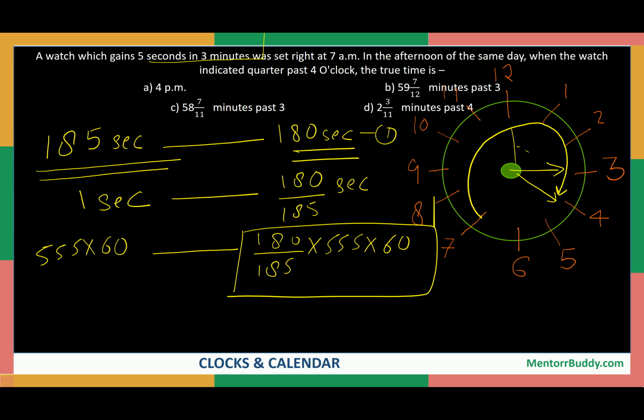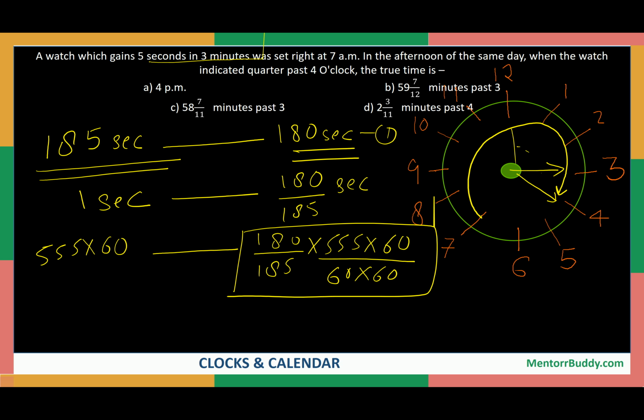This timing is in seconds, the total seconds. If we talk in terms of hours, how much will the true clock move? If we need to convert it from seconds to hours, we need to divide it by 60 into 60. So this will be the total number of hours which the original clock will move. We have converted the seconds into hours by dividing by 60 into 60.